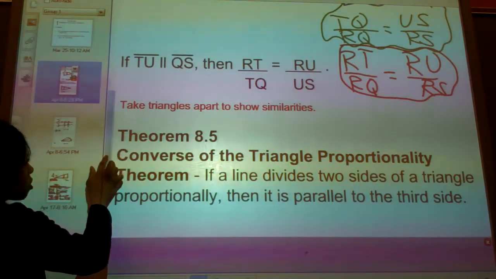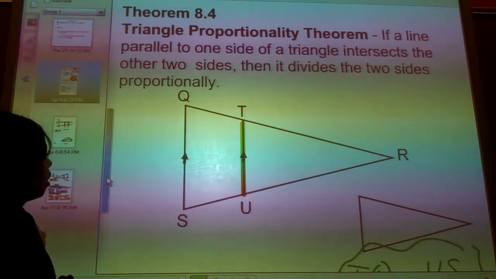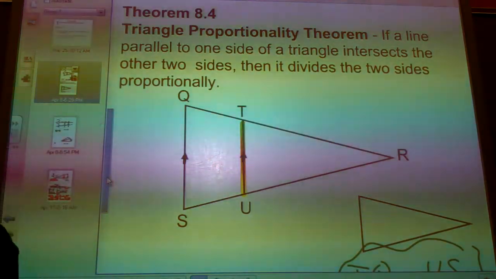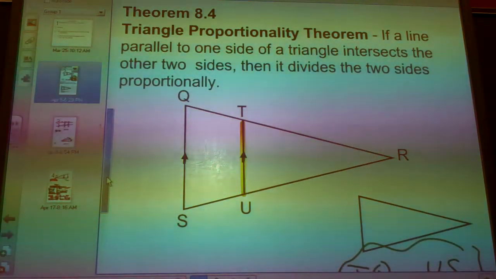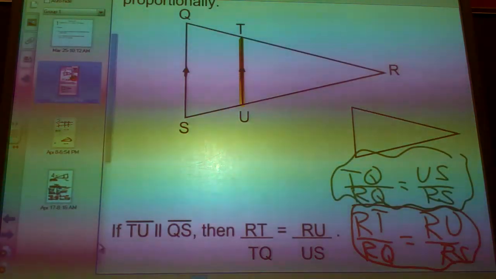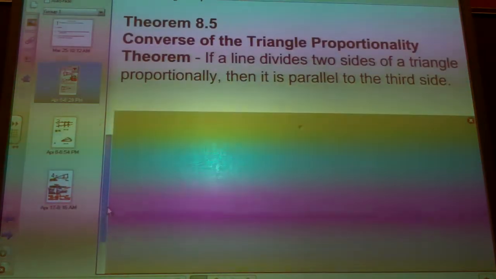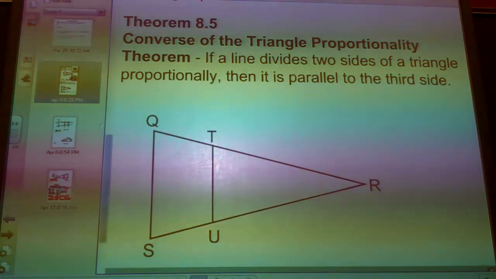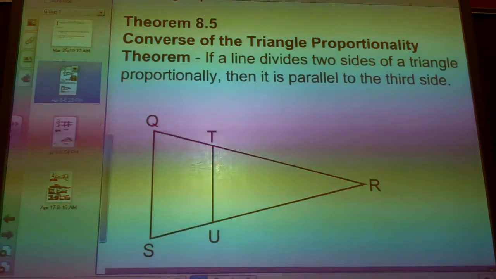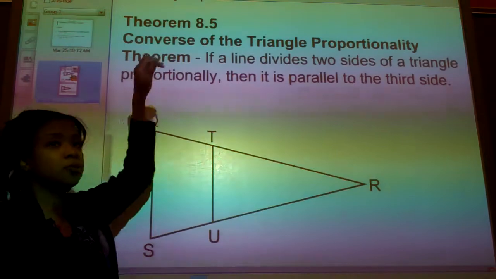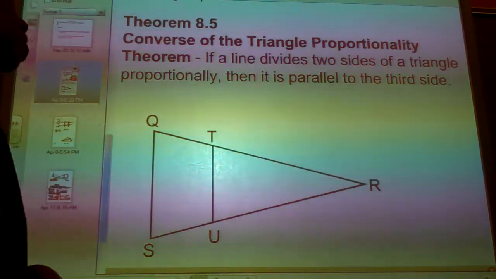I already took the triangles apart for similarity. Looking at the next section here, 8-5 is the converse. Hopefully you remember the word converse means the opposite.